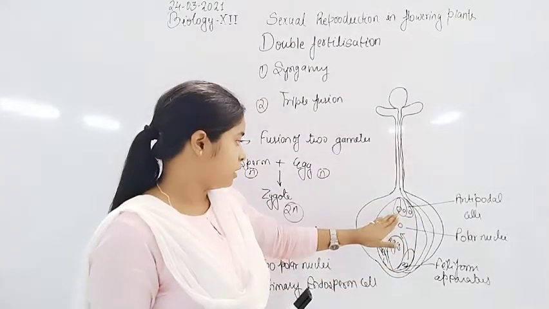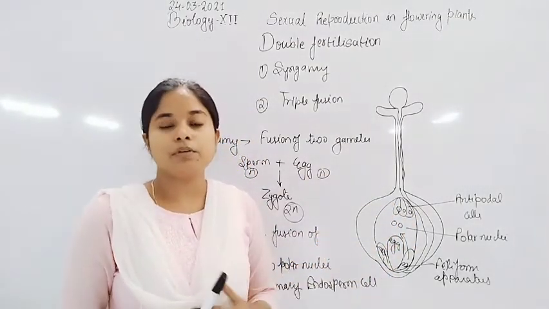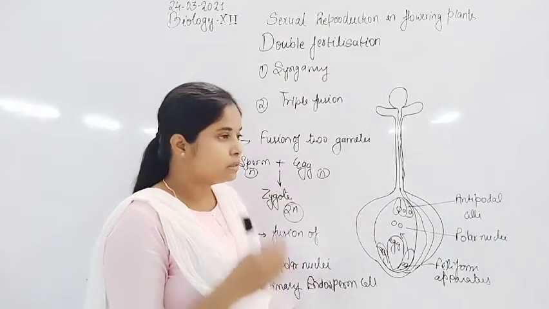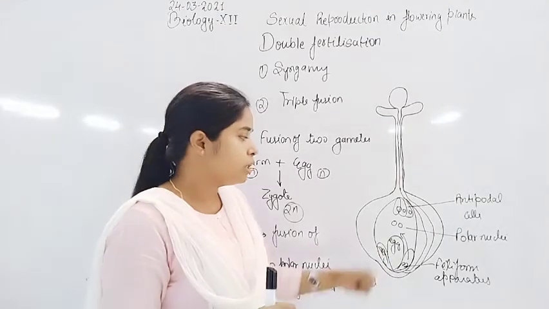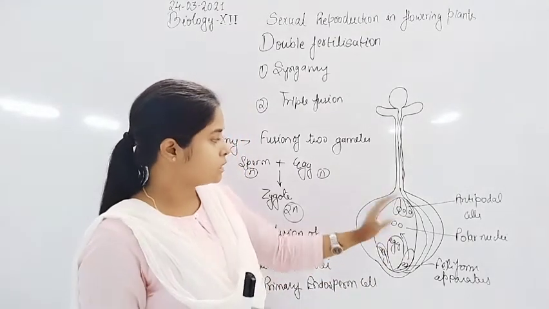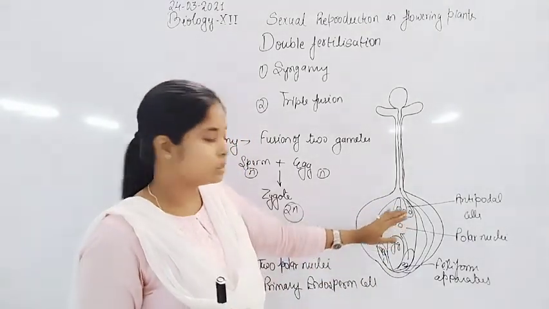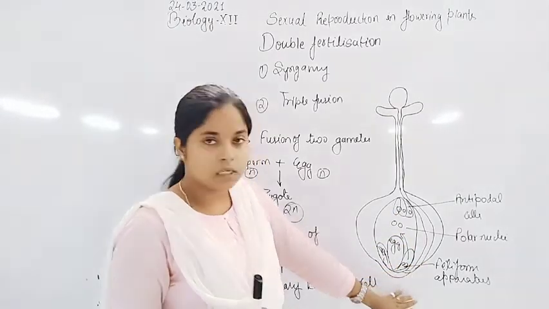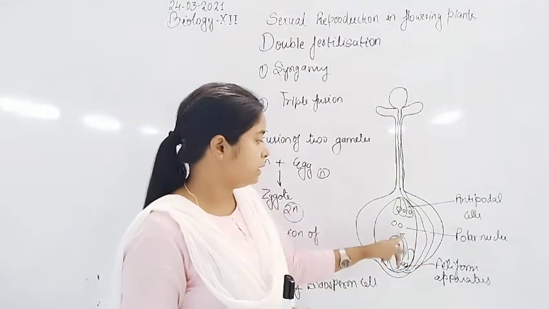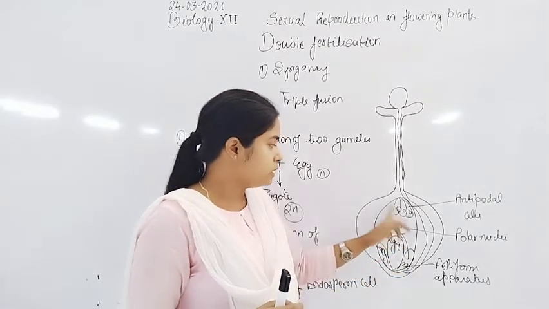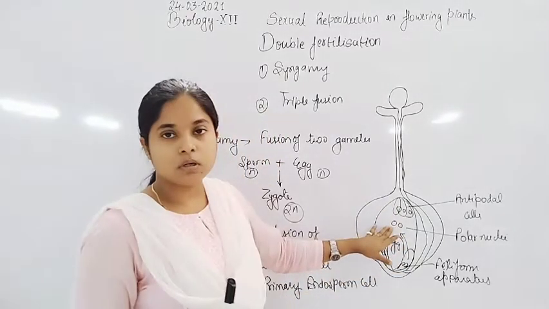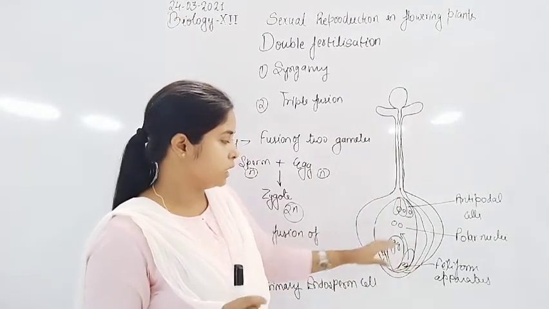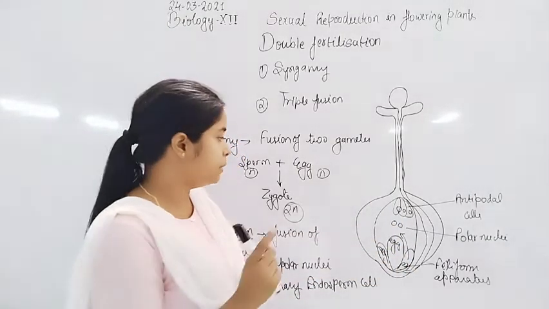So this process takes place inside the embryo sac. If we discuss the structure of the embryo sac, it consists of a 7-celled, 8-nucleated structure. Out of 7, 3 cells are antipodal, 2 synergid cells, 1 egg cell, and in the center, one cell has 2 polar nuclei, while the other cells have 1 nucleus each, so the total number of nuclei becomes 8.